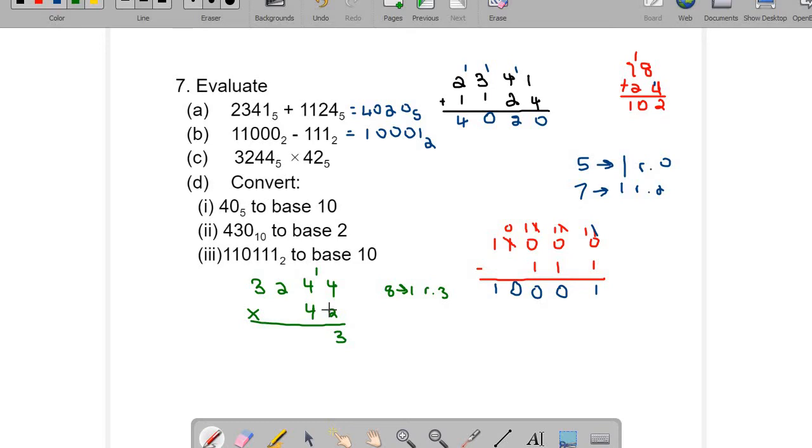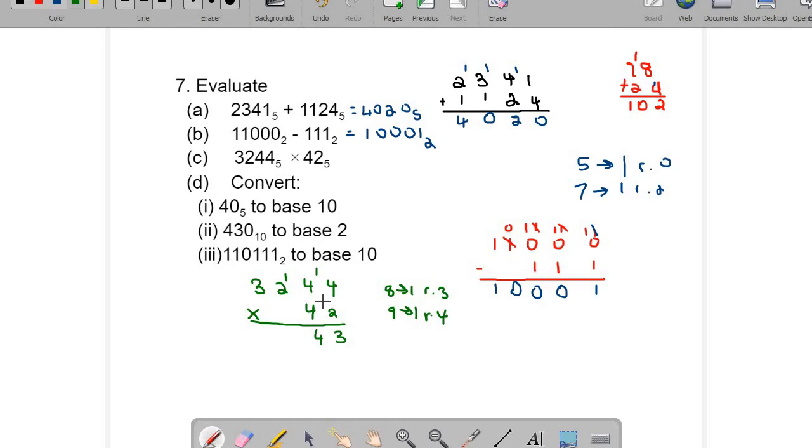4 times 2 is 8. 8 plus 1 is 9, but we can't write 9, so we're going to change that to base 5. All right, so we can get one group of 5 and remainder 4. So we're going to put down that 4 and carry the 1 to the next place value. Okay, so we're just going to repeat this process until we have multiplied all of the digits.